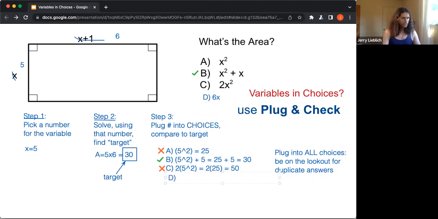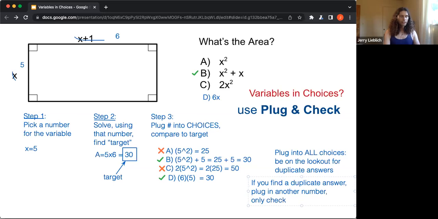Well, then when I check this, I do 6 times 5, which gives me 30. This might happen where I get more than one answer that matches my target. If you find a duplicate answer, plug in another number and only check those answers.